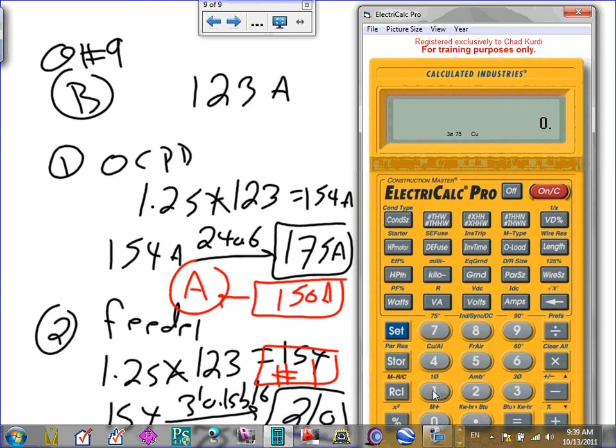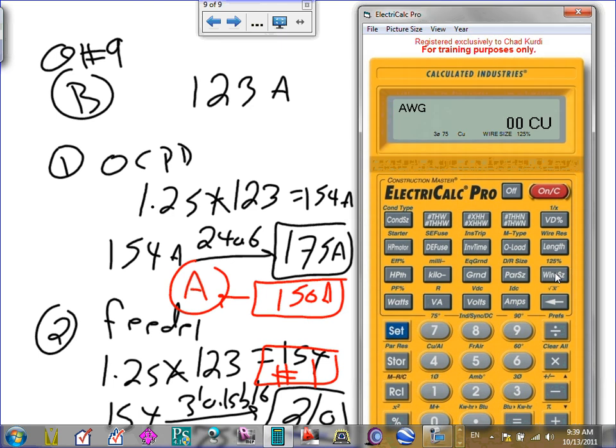Okay, let's do this in the calculator. Let's do one of them, guys. Here's 123 amps. And Chris, this is continuous load, so I'm going to hit set and wire size. You better put first 123, hit the amps, and then set and find the wire size. You get a 2-aught.